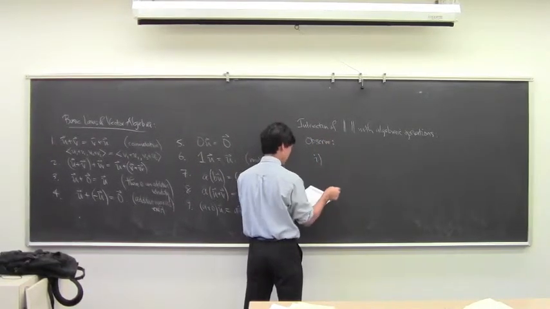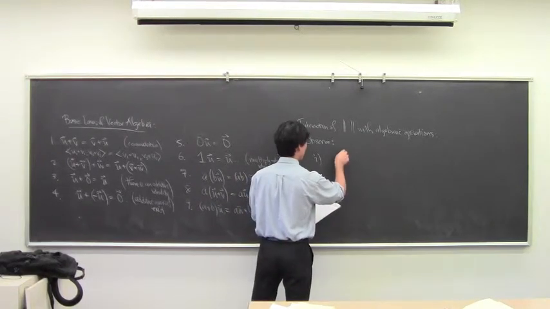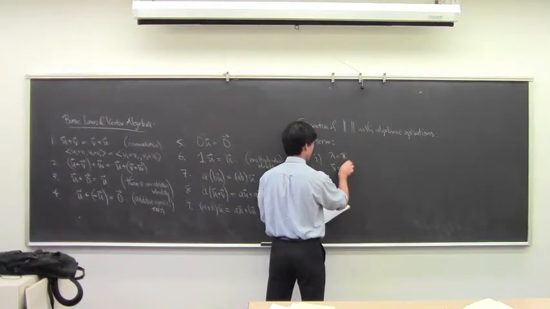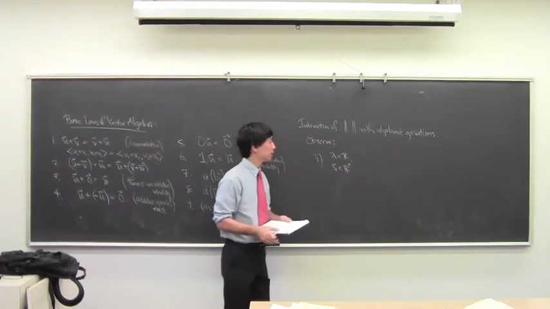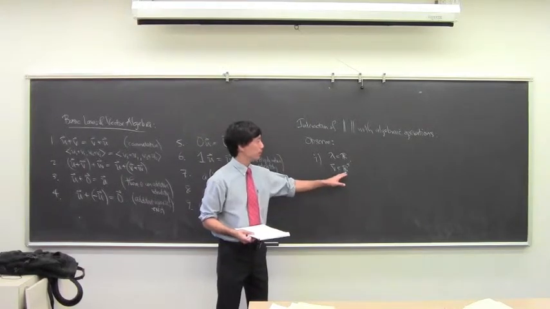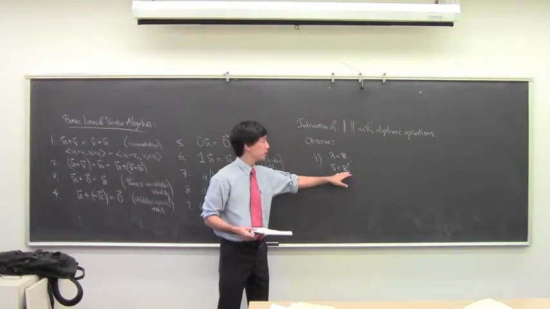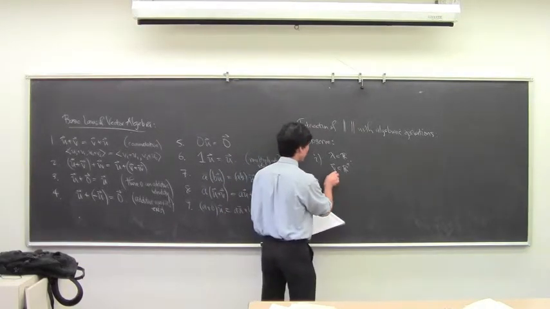Here's observation number one. If you have some number and you have some vector, let's say in R3, it doesn't matter. Are you familiar with this? When I write R3, is everyone okay? R3 just means space. It means that our vector has 3 components.